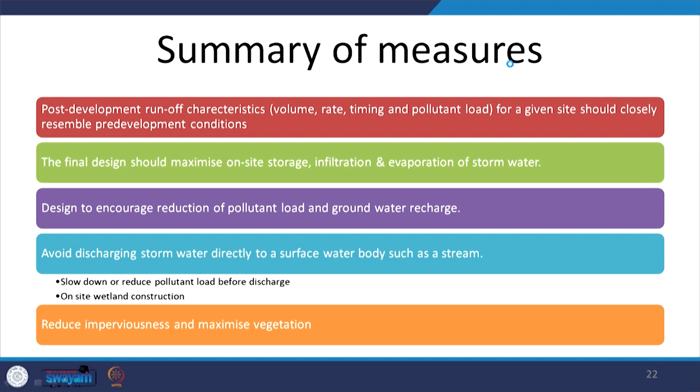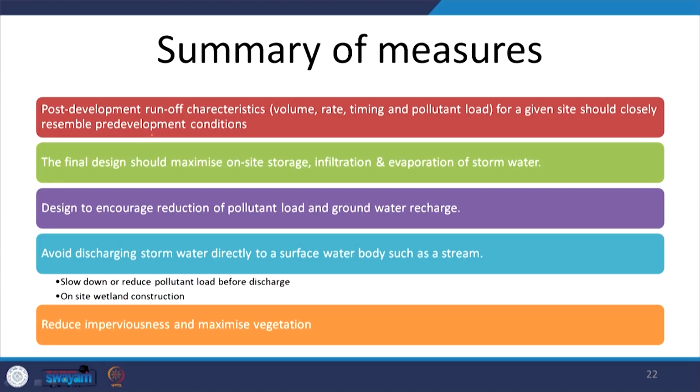So, to summarize these measures and strategies, the first one is post development runoff characteristics, where we are aiming at developing the site in such a manner that the post development runoff and conditions are the same as the pre-development ones.